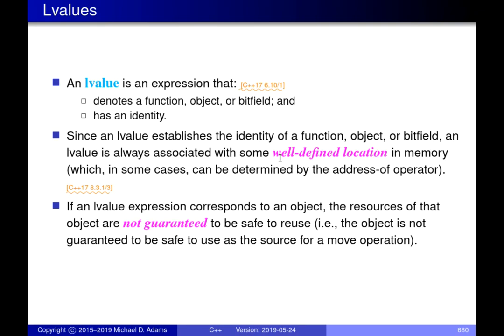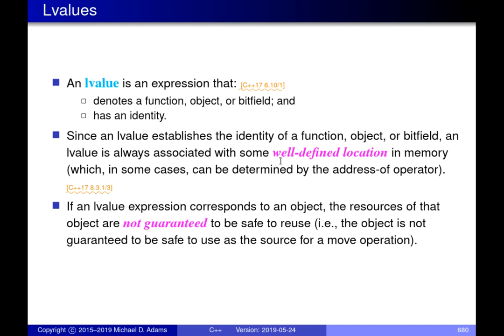If you have a pointer to it, you just dereference the pointer. Or if you have a reference to it, you just access it through the reference. So if you have something with a well-defined location in memory, it becomes very dangerous to use it as a source for a move. Anyone that knows where that variable is stored could then observe the mutilated value, and you would have to make sure that none of the code that might observe it could possibly do the wrong thing. In practice, you probably can't make such a guarantee.